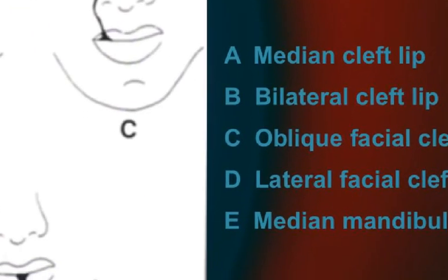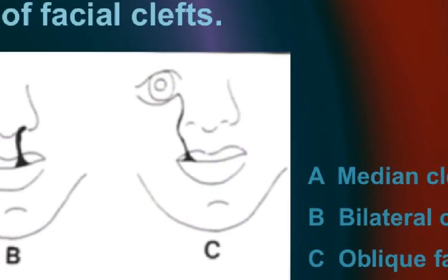Oblique facial cleft. So it's failure of fusion between the maxillary process with both the medial nasal and lateral nasal. You remember the names of those grooves: naso-optic groove or naso-optic furrow or nasolacrimal groove, and the bucco-nasal groove.